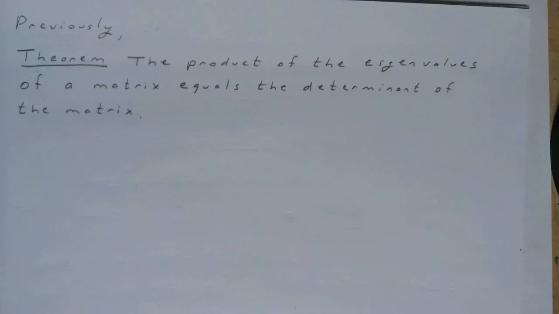And previously, we had a theorem which says the product of the eigenvalues of a matrix equals the determinant of the matrix. So if you know the eigenvalues of a matrix, then you just multiply them together to find the determinant.